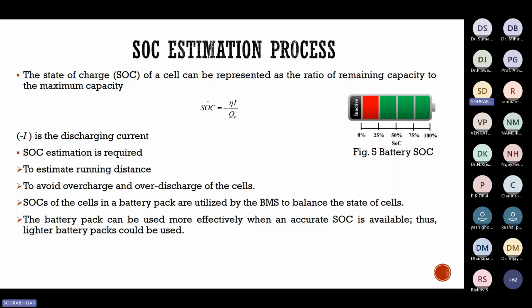If a lithium-ion battery has a nominal voltage of 3.6 volt, a maximum voltage of 4.2 volt, and a minimum voltage of 2.8 volt, then 0 to 2.8 volt is the inactive portion.